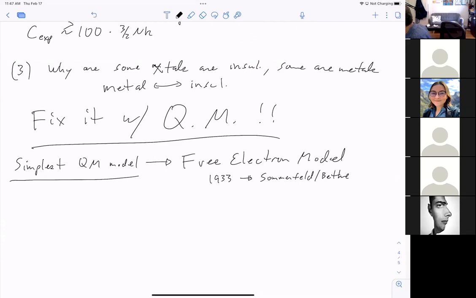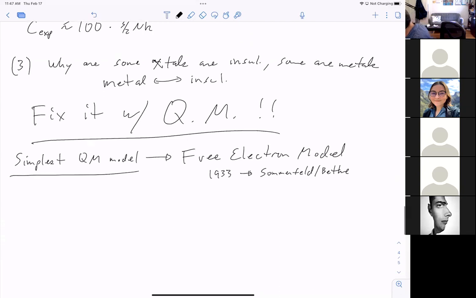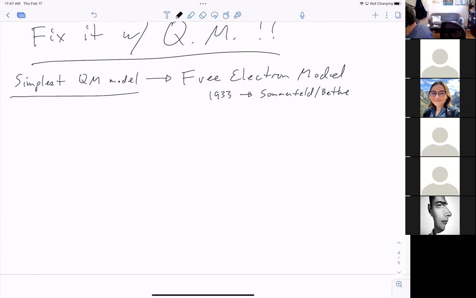Okay, and so the big idea that they had is, and it's so simple and trivial and yet so important. Their idea is that a crystal is equal to a box of electrons, the valence electrons.